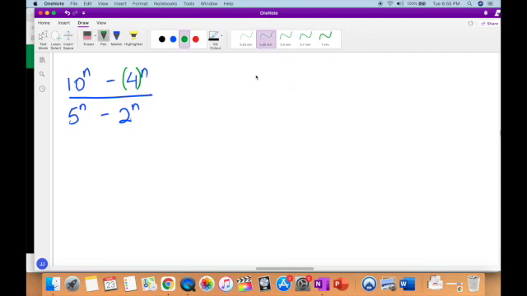So we see here that this 4 to the n is 2 to the power of 2n. Nice. And then the 10. Well, 10 is really 5 times 2, eh? That is 5 times 2 to the power of n, eh? Yeah. So that is 5 to the n times 2 to the n. Make sense? Yes, sir. Alright?